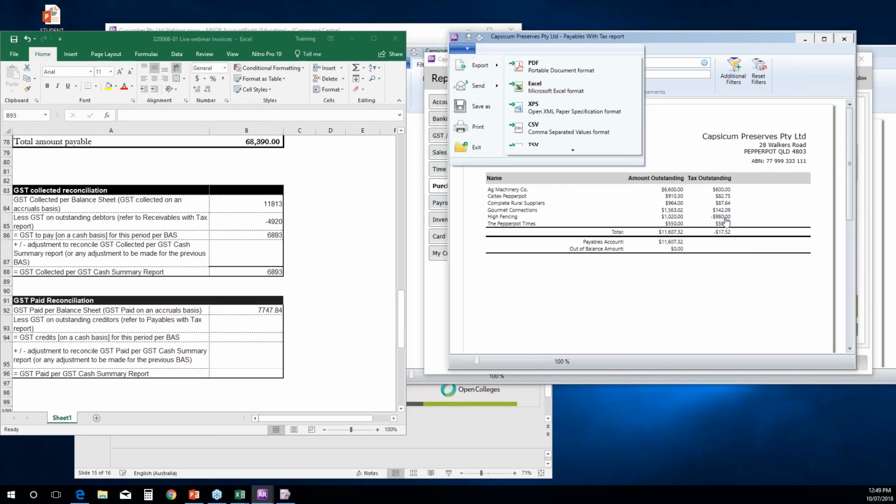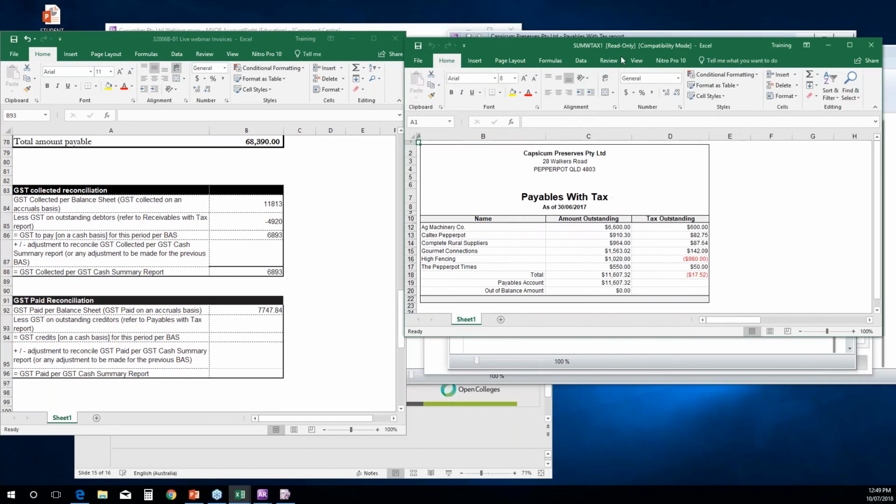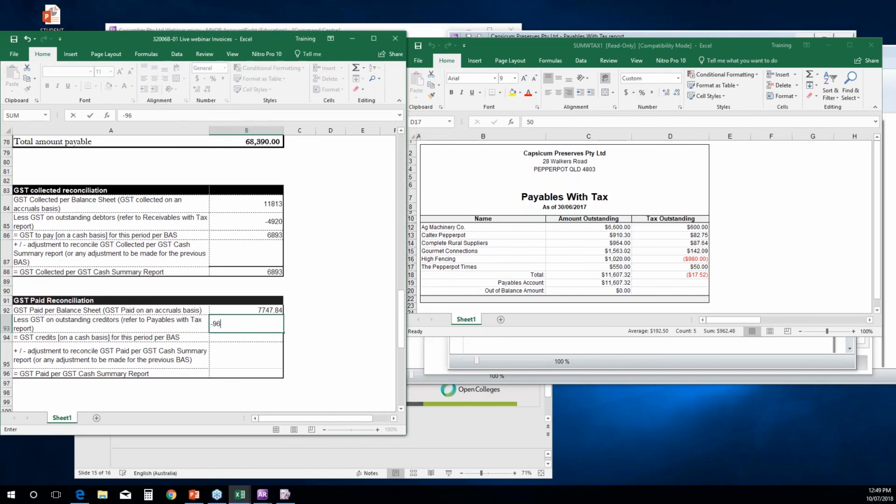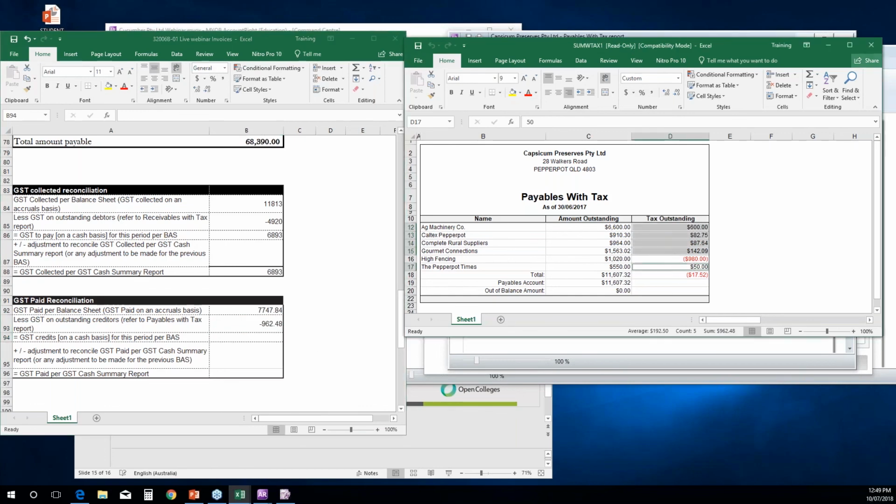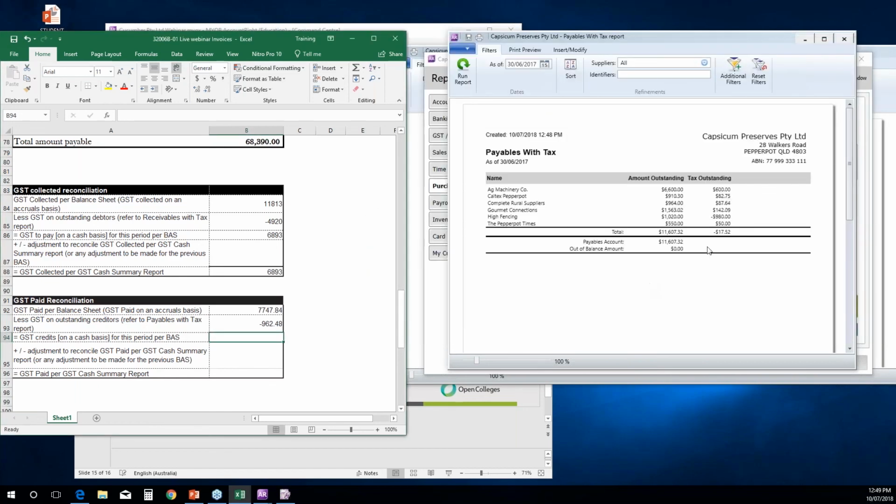So I'm going to exclude 980, which means only 682.87 without 980. Total outstanding GST is 962.48. That is the outstanding GST. Make sure you do not include Hi Fencing. All you have to do is minus 1,752 plus 980 back. Then you can calculate the true GST outstanding.